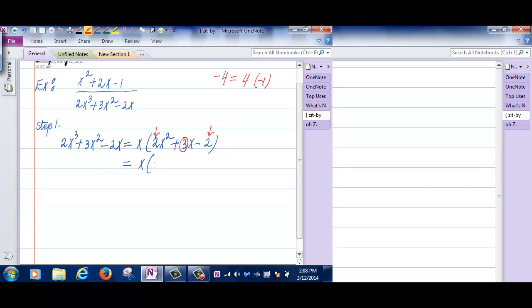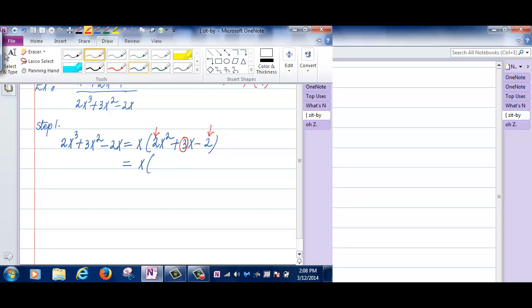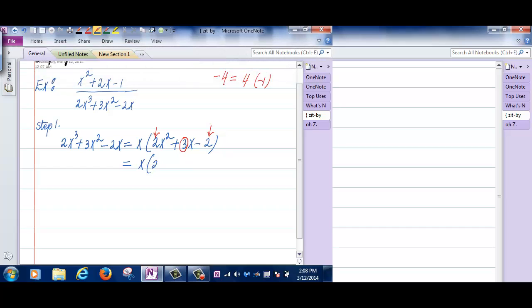So that tells me that I should rewrite the middle term as 4x minus x. Again, 4 is coming from here, minus 1 is coming from here.